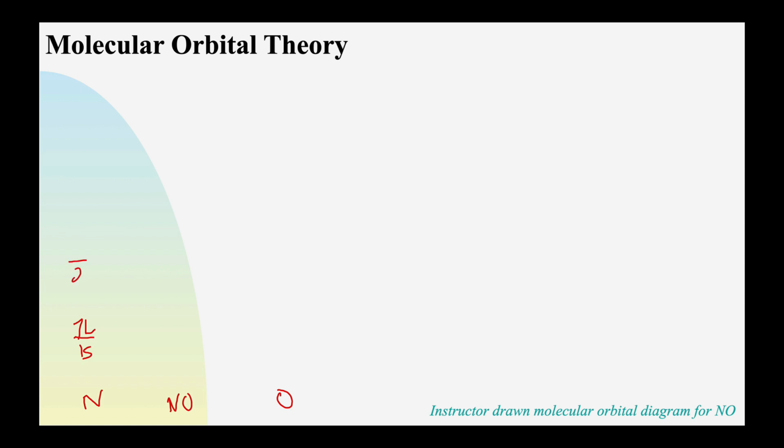Then there's a 2s2, and then finally, nitrogen is a 2p3. Go back to your notes in Chem 221 if that's not certain, or email me if this is unclear. But nitrogen would have a 2p3.